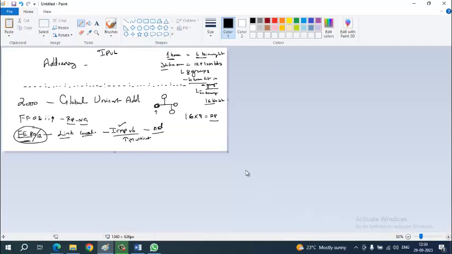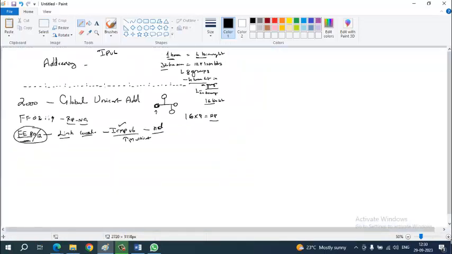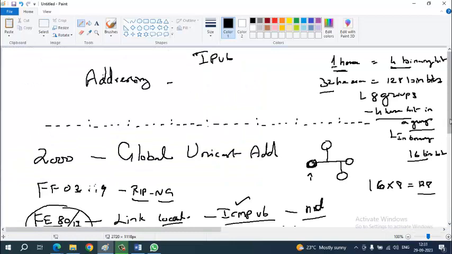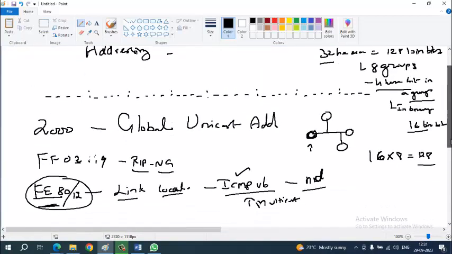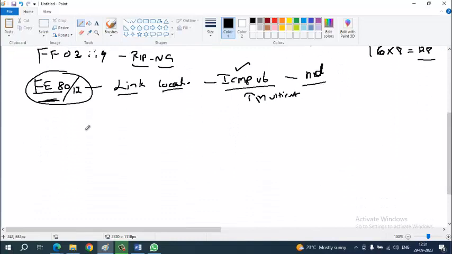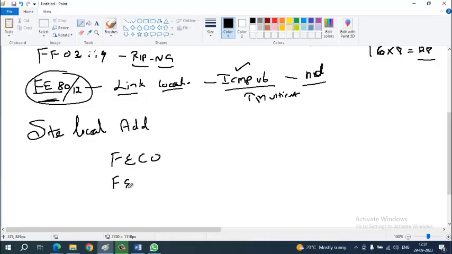We have two more address types, but one is already deprecated, one is already removed from the standard, which we call the site local address. We used to have this site local. The reservation is FEC0, FED0.